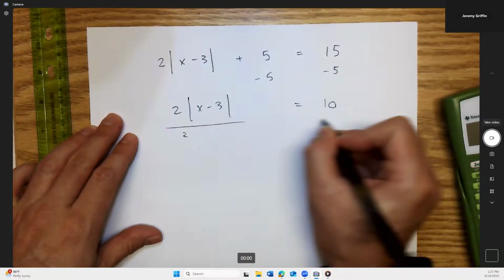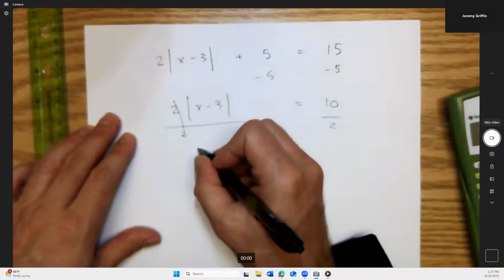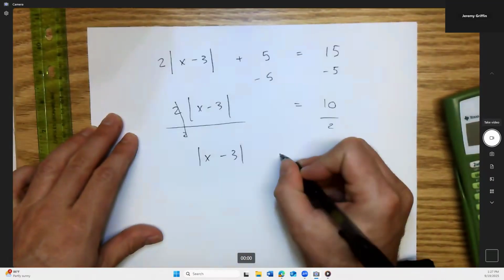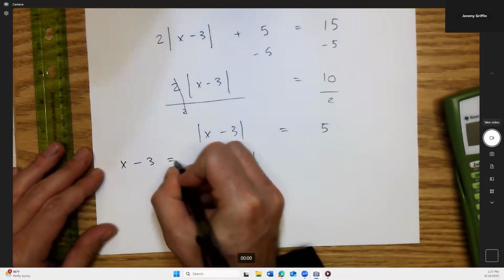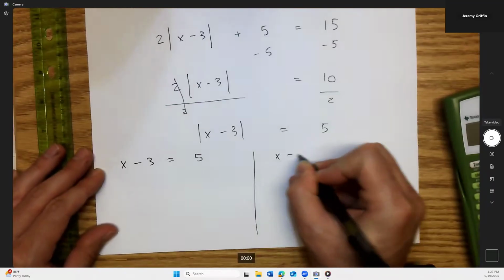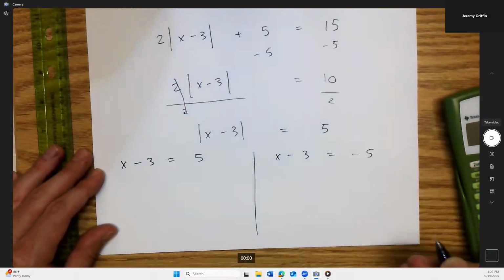Then you divide both sides by 2. So this absolute value is equal to 5. Here's where it splits. So x minus 3 might be 5, or x minus 3 might be negative 5, right?